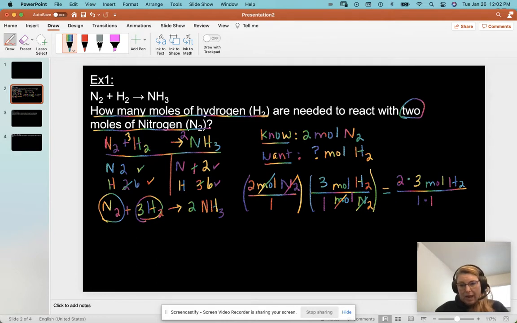Now that we have multiplied, you always multiply the top stuff by the top stuff, bottom stuff by the bottom stuff. Now I can simplify this a little bit. So I can say 2 times 3 is 6 moles of H2 over 1 times 1 is just 1.